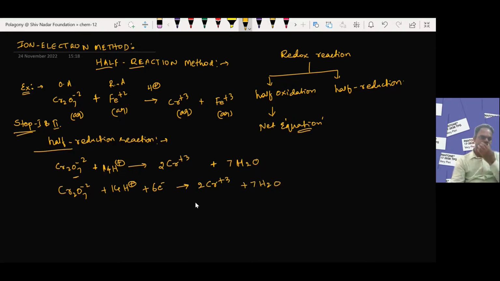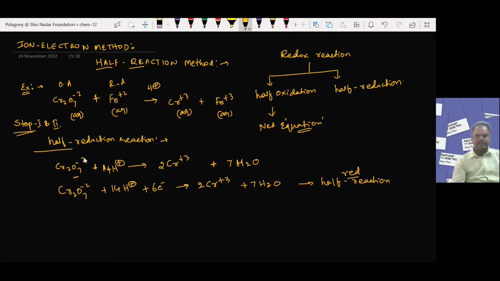Now H+ ions and charge are balanced. The half reduction reaction is balanced.